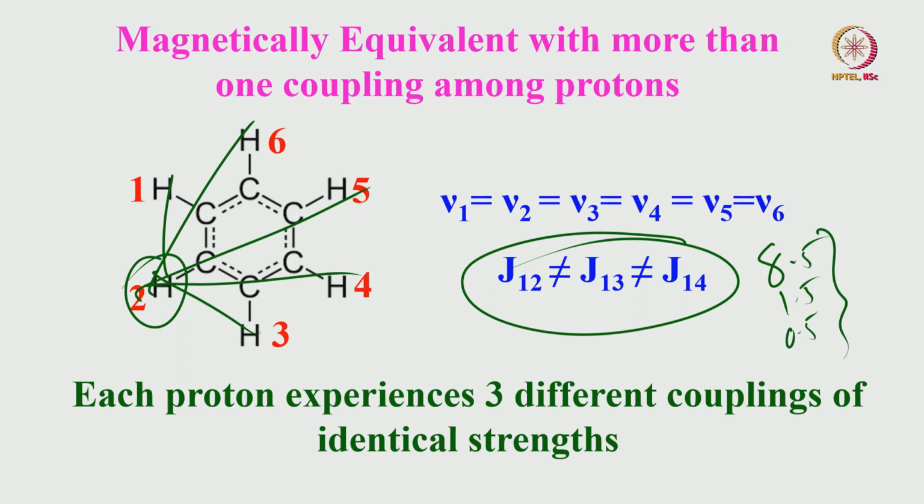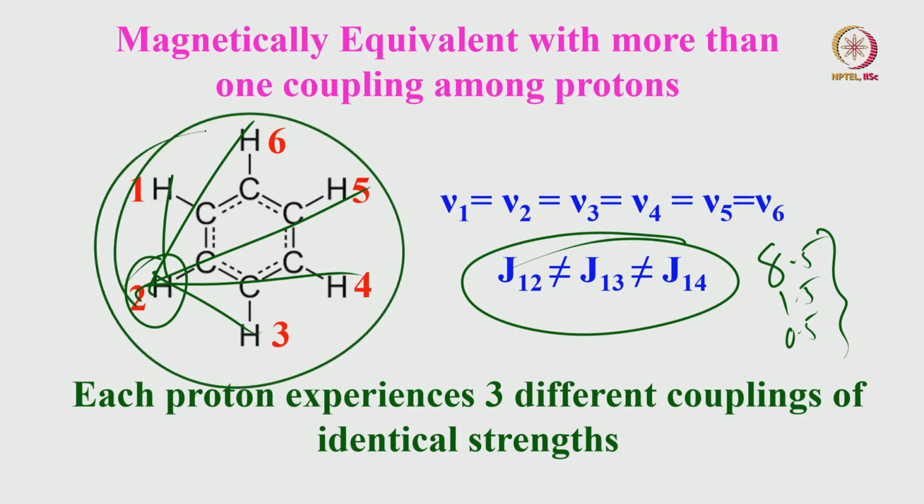Nevertheless, it gives a single peak in the NMR. That means all protons are chemically equivalent. At the same time, in spite of multiple couplings being present, all protons experience the same types of couplings. So, it is magnetically equivalent spins with multiple couplings.